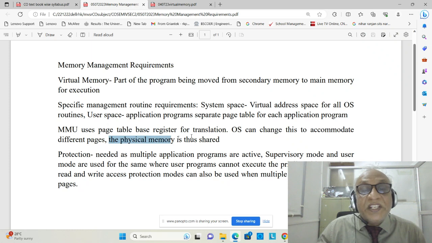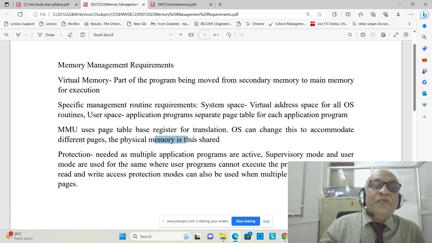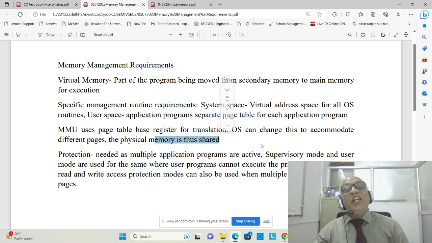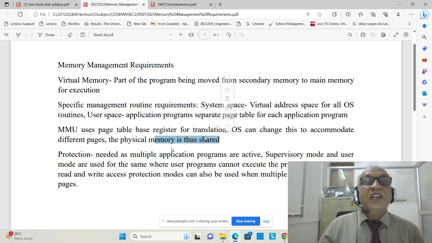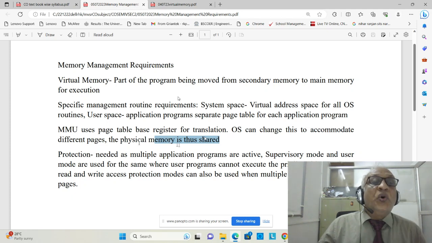So all the user application programs are sharing the physical memory. It means many of the application programs may be referring to the same address locations, so the entries may be duplicated. So this is one kind of memory management routine requirement.